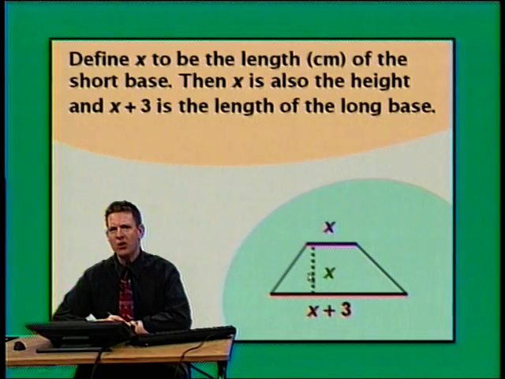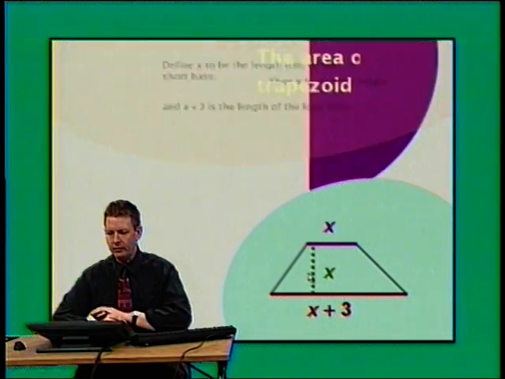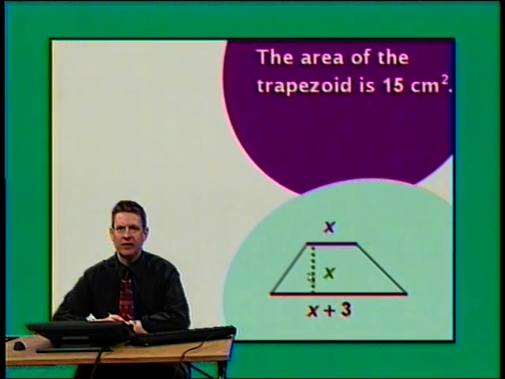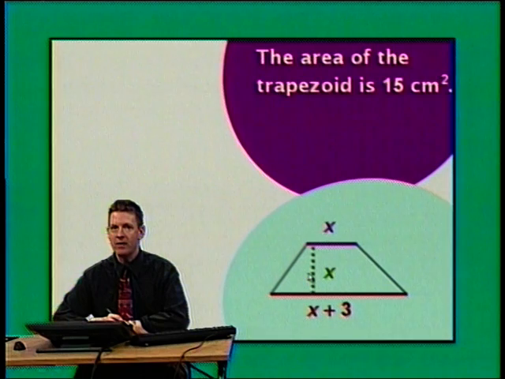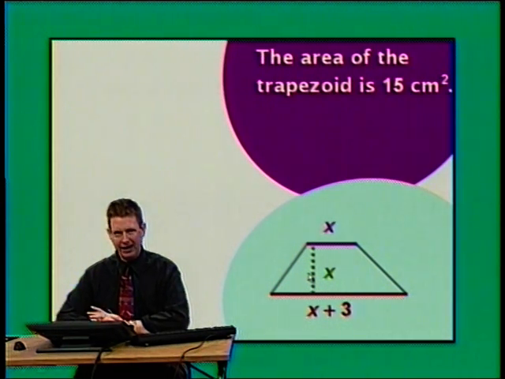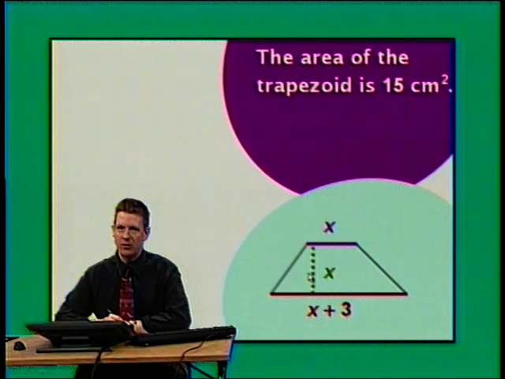Now, what else were we told about this trapezoid? We were told that the area of the trapezoid is 15 square centimeters. So what we need to do is recall what the area formula is for a trapezoid and set it equal to 15. Now, chances are you probably don't remember the area formula for a trapezoid, but I'm sure it's written down in your book somewhere.